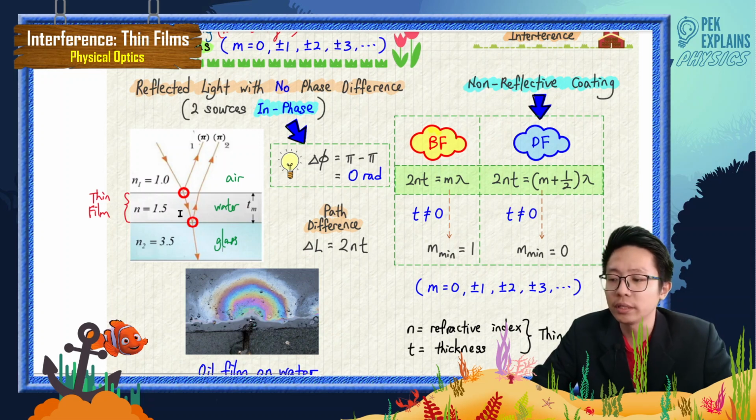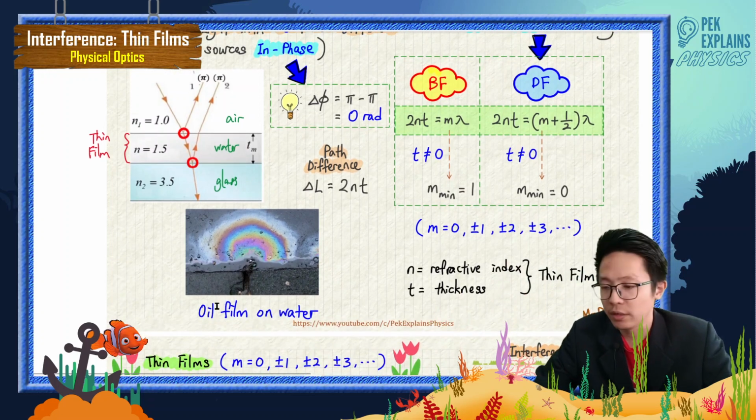So the water is like a thin film for the glass, like a coating for the glass. It also can be oil film on water. Later I will talk about this oil film on water. You can see the center one, the water, becomes the thin film.